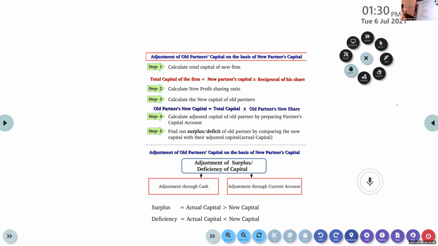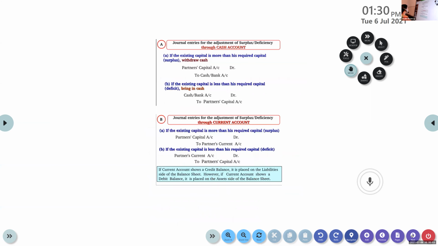Now the journal entries. The journal entry for the adjustment of surplus or deficiency through cash account. We saw there are two methods, by opening the cash account or through current account, the adjustment of surplus or deficit. Now, what are the journal entries to be given?